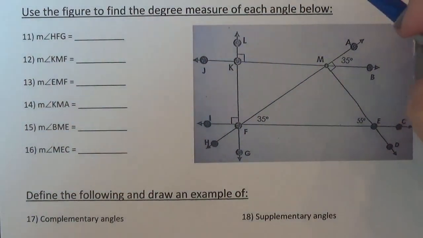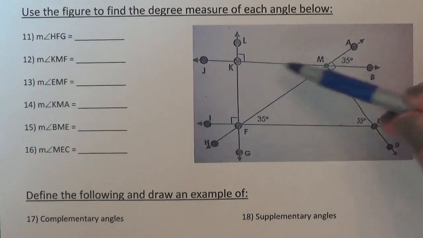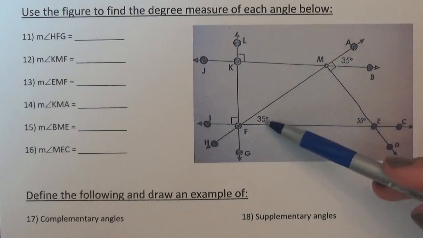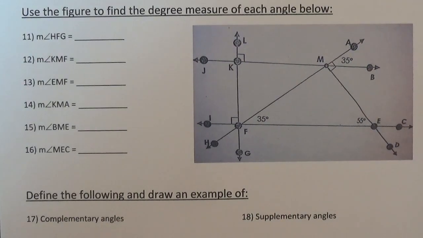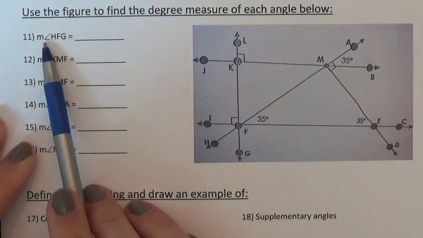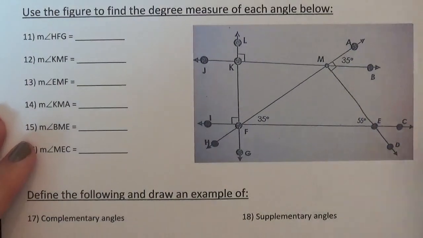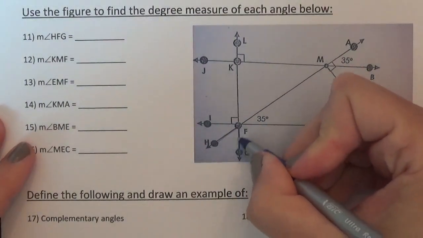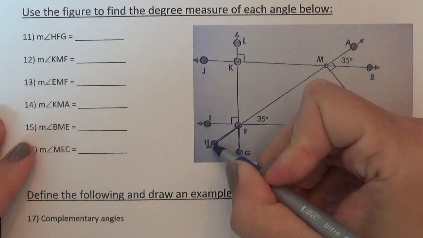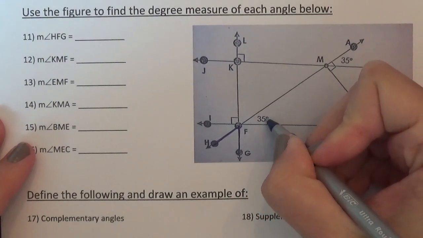All right, use the figure to find the degree measure of each angle below. Okay, so we're going to have to use the picture. They're giving us some in the picture, and we're going to have to try to figure this out. All right, so HFG. HFG, here we are. Ooh, you would think it's 35, but it's not.